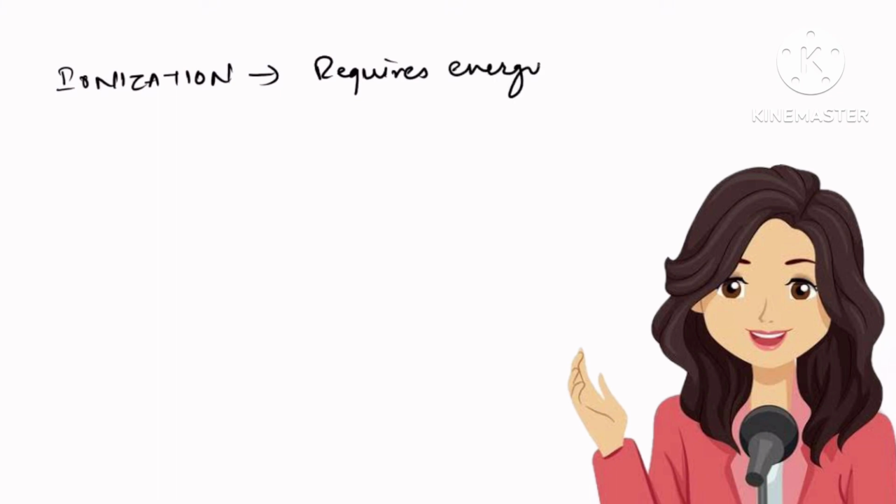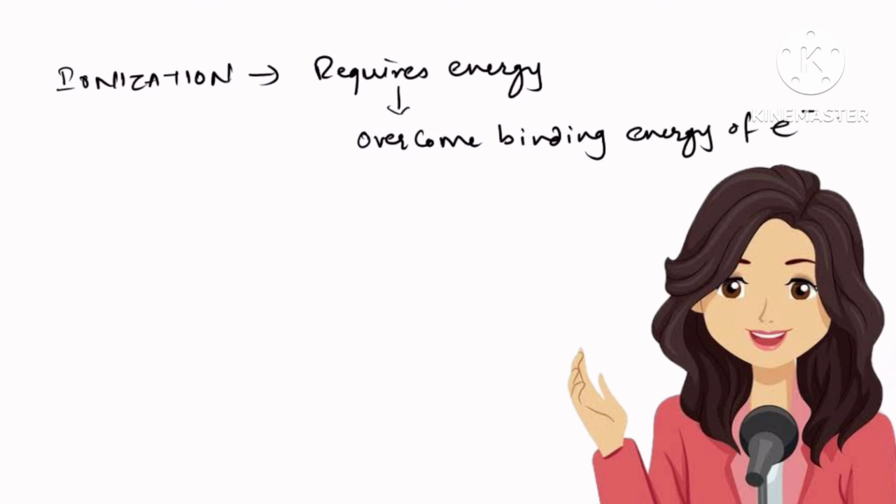It requires energy, and that energy should overcome the binding energy of the electrons. Now, what is the binding energy of an electron?